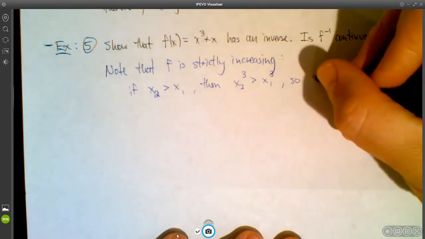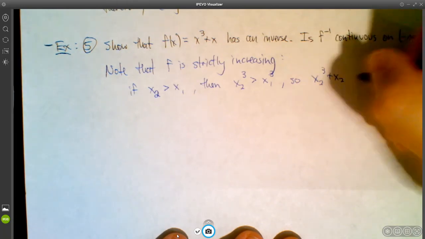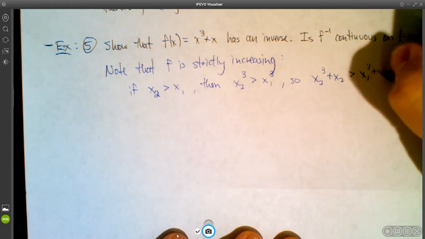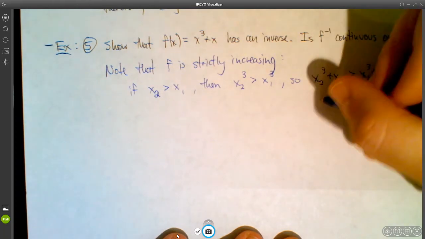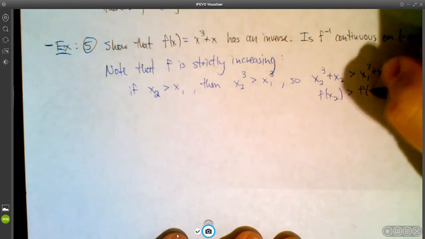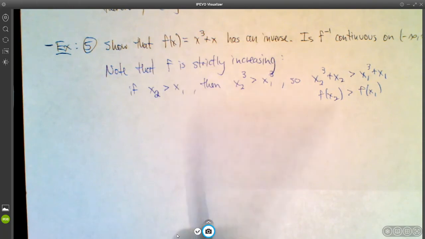So x2 cubed plus x2 is going to be greater than x1 cubed plus x1. So in other words, f of x2 is greater than f of x1. So f is strictly increasing.